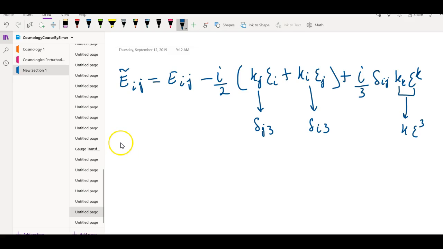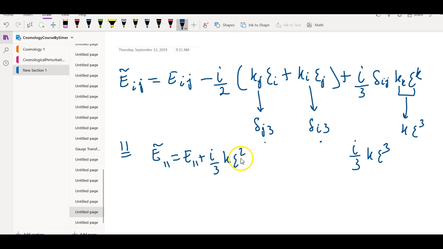So starting with the 1 1 component, this will be 0, this will be 0, and this will be k psi 3. So E11 plus i by 3 k psi 3.